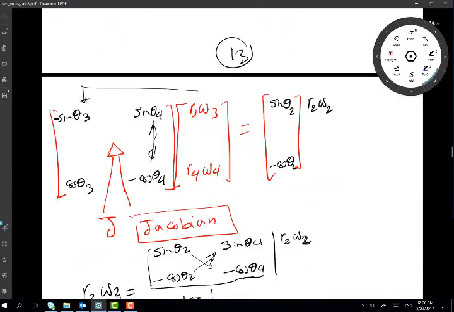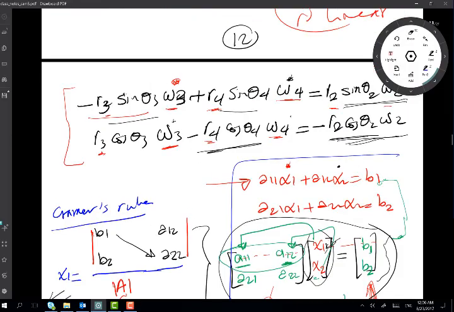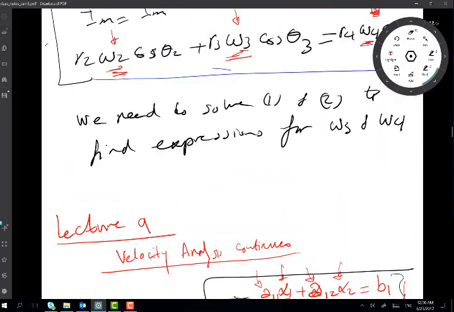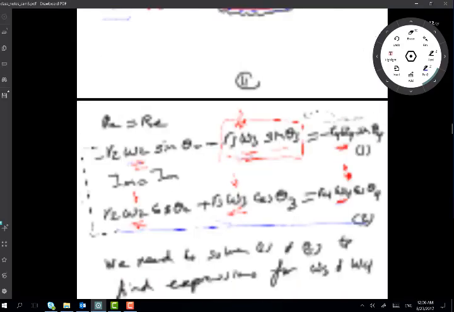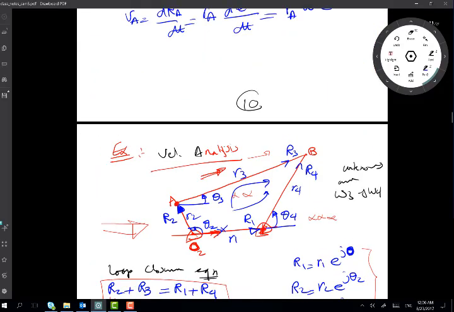What if I had a point on the linkage, like attached to the coupler, for example, and I wanted the velocity of that point? So maybe I should just draw this one more time.